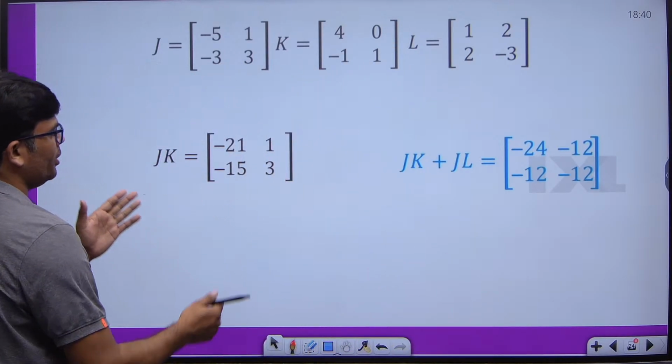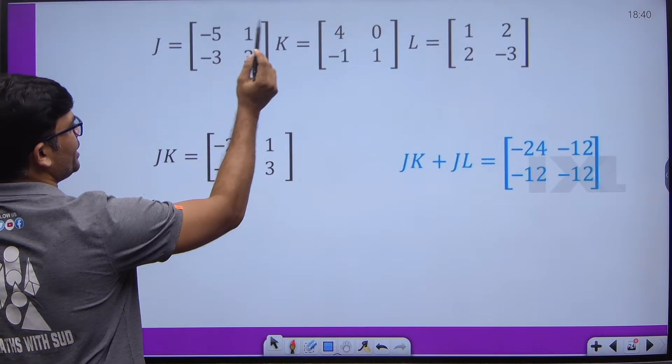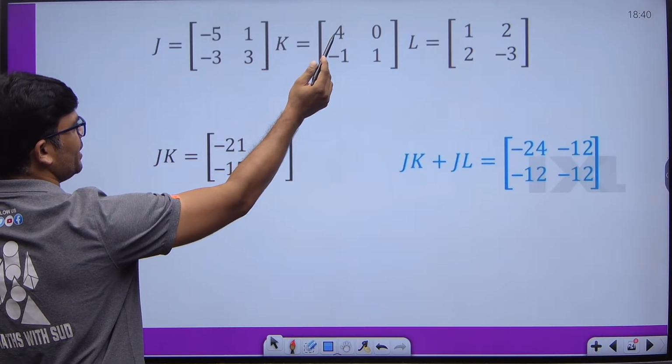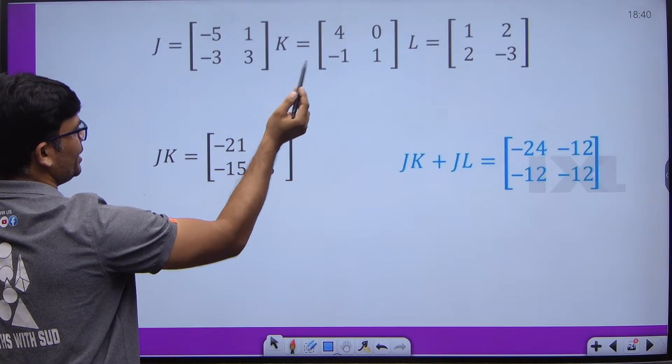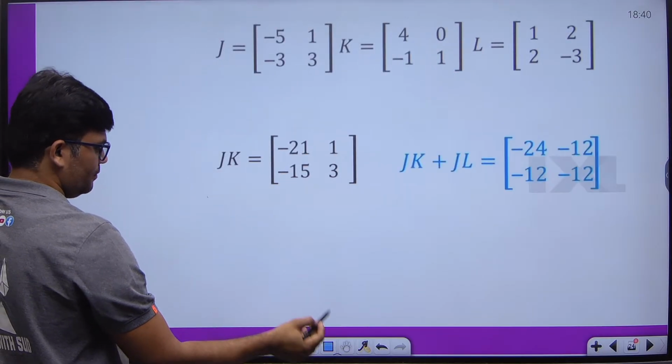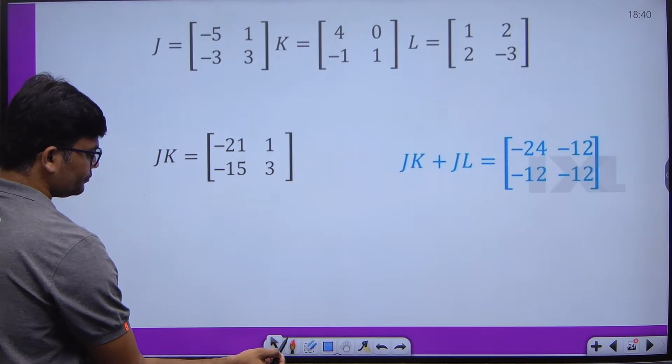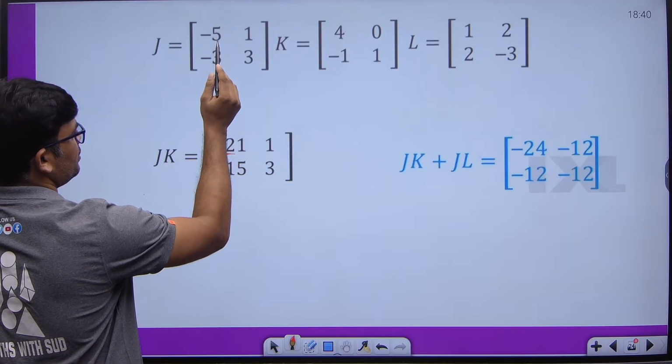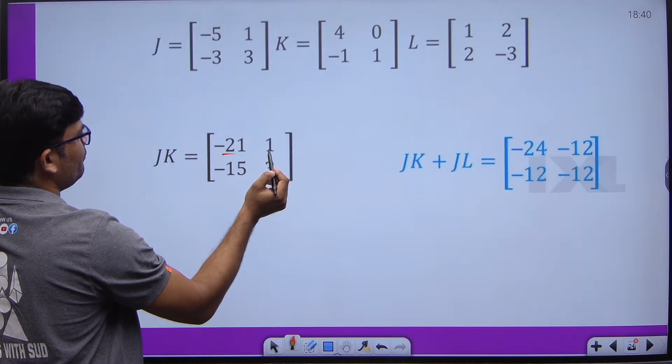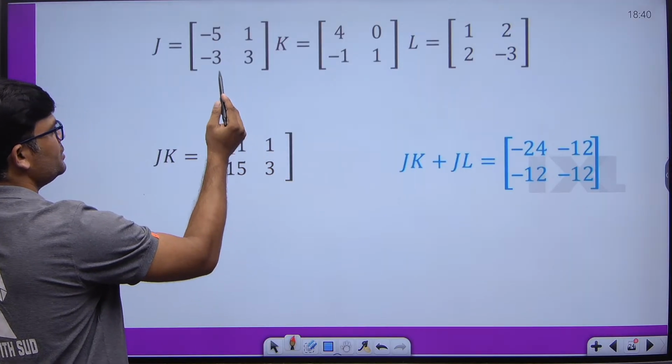So JK they have already found. You can just check it out. Minus 4 into 4 is minus 20 and 0 minus 1, so minus 21. All right. Now see this. The second part will be the second row and the first column.